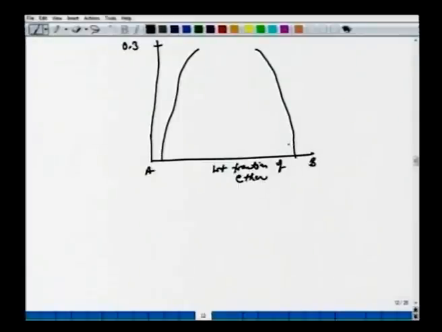This would be 1 here, this is 0 here. We don't need any data beyond this, because all the tie lines slope downward. So this scale from 0 to 0.3 is good enough.